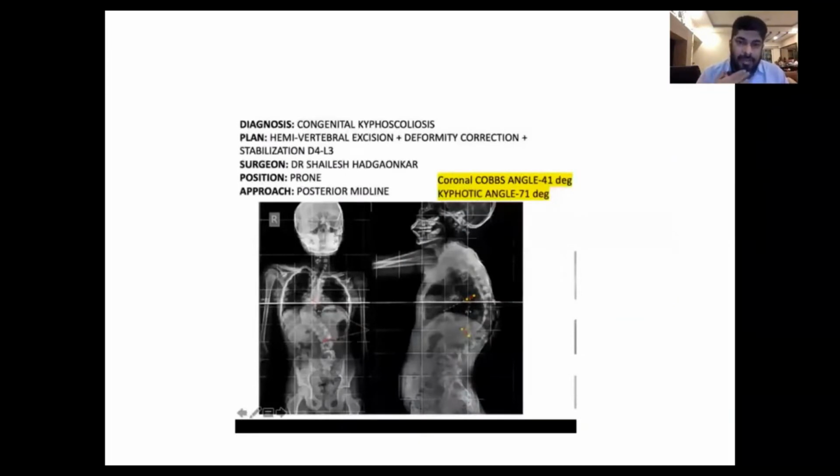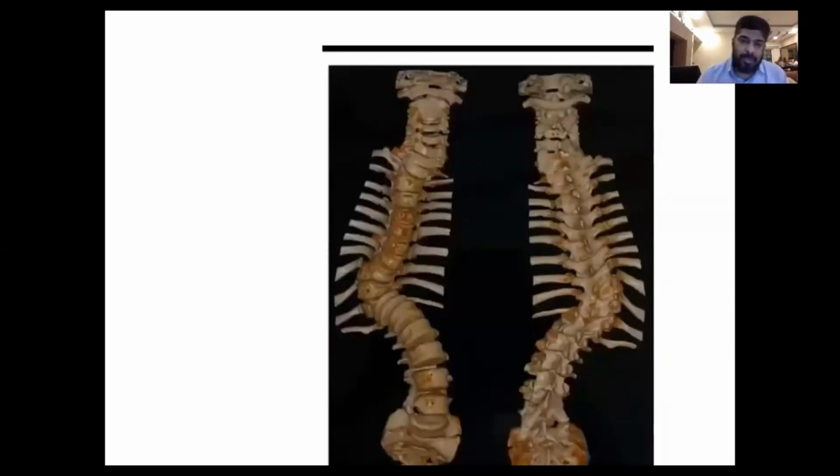When we get a patient like this, 71 degrees kyphotic angle, 41 degrees coronal Cobb, and hemivertebra with kyphoscoliosis, we always need to plan it well. This patient is with progressive deformity. The family is concerned and they want deformity correction.